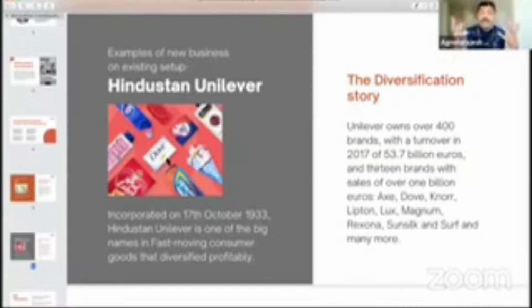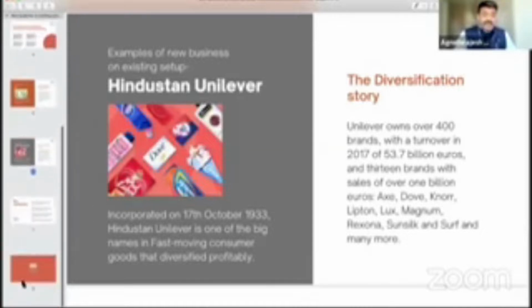For example, their products are Axe, Dove, Knorr, Lipton, Lux, Magnum, Rexona, Sunsilk, Surf, and many more. So friends, Hindustan Lever was incorporated on 17th October 1933, and it is one of the big names in fast-moving consumer goods that diversified very, very profitably, extremely profitably.